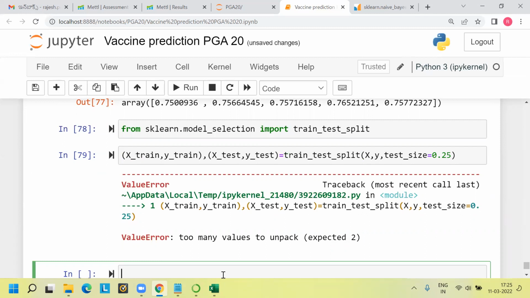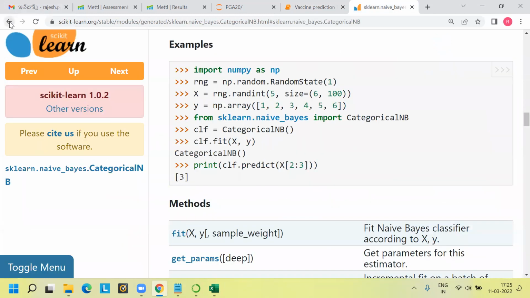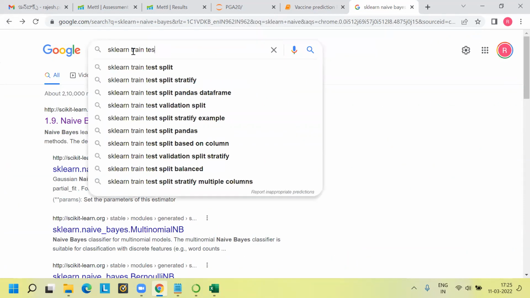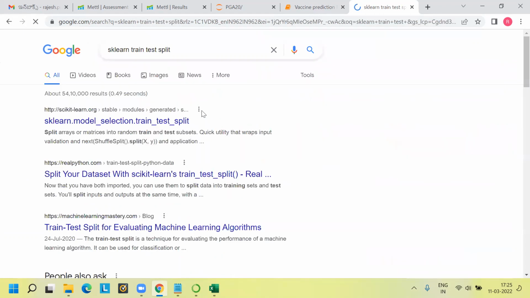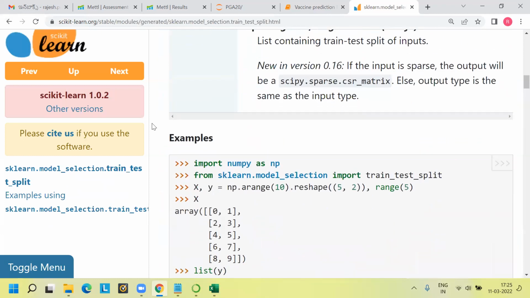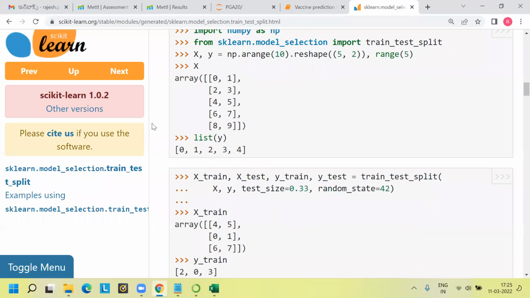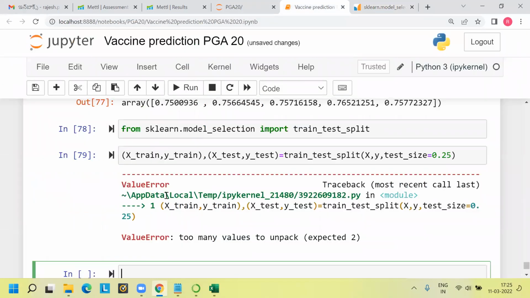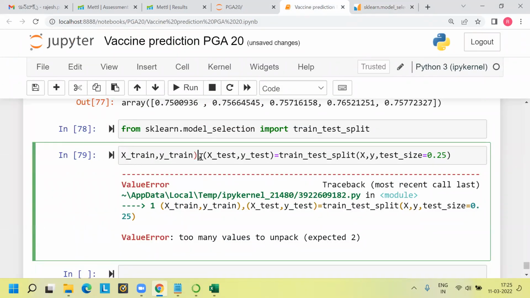Why does it say too many values to unpack? Achha, no brackets, all commas: X_train, Y_train, X_test, Y_test.